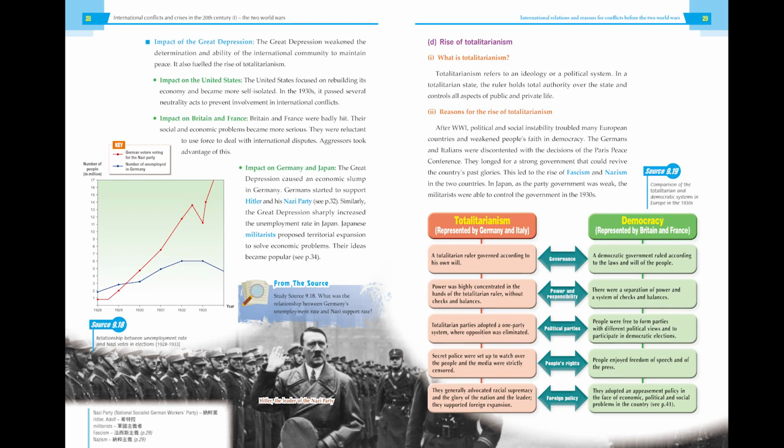In democracy, people enjoyed freedom of speech and of the press. Foreign policy. In totalitarianism, they generally advocated racial supremacy and the glory of the nation and the leader. They supported foreign expansion. In democracy, they adopted an appeasement policy in the face of economic, political, and social problems in the country.